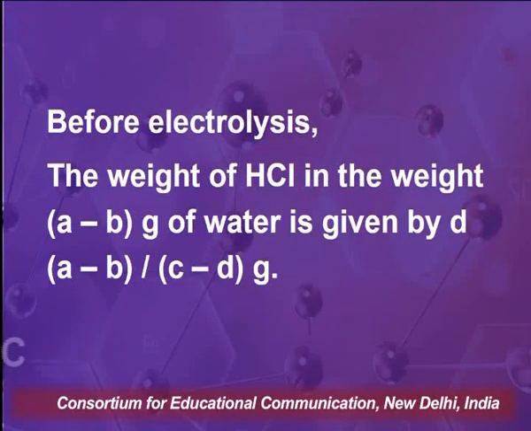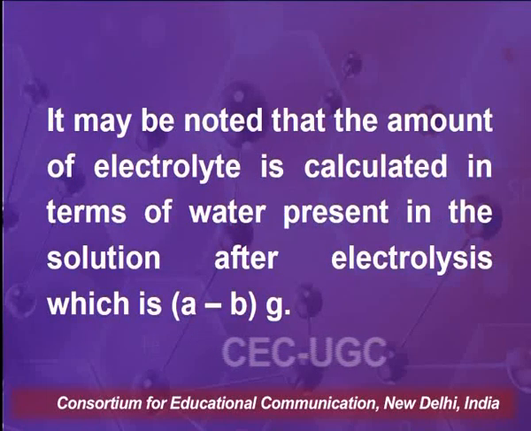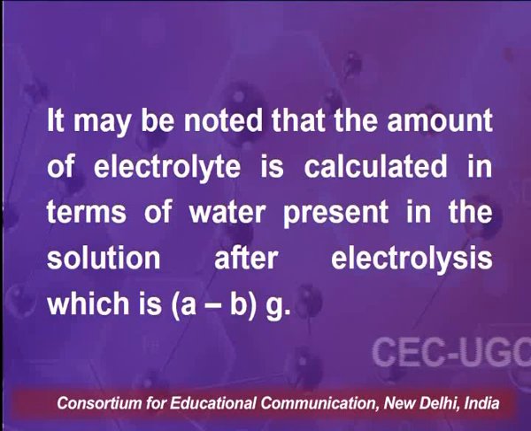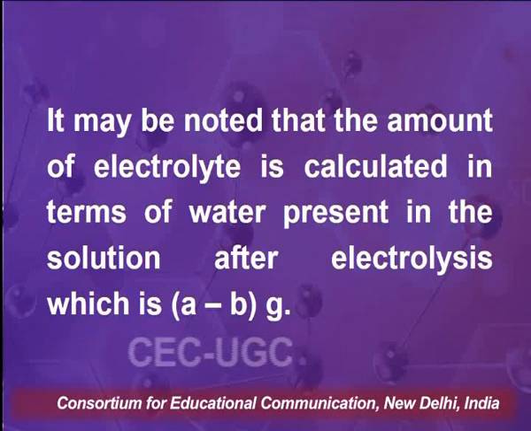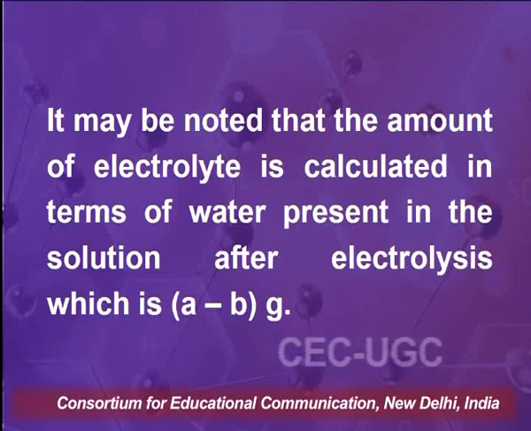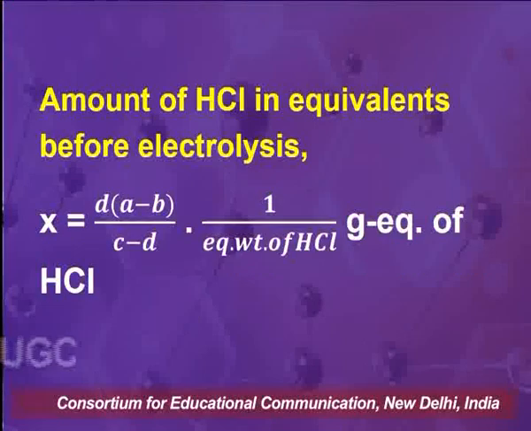And before electrolysis, had water been A minus B grams, then the weight of HCl in A minus B grams of water will be given by D into A minus B by C minus D. It may be noted here that the amount of electrolyte is calculated in terms of water present in the solution after electrolysis, which is A minus B grams.